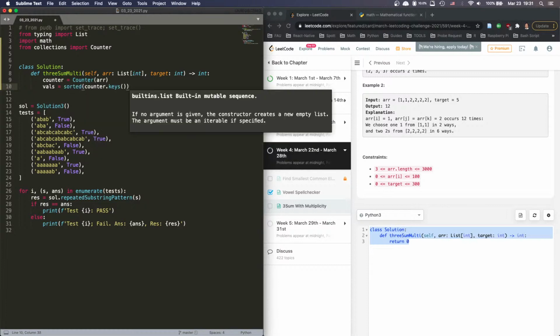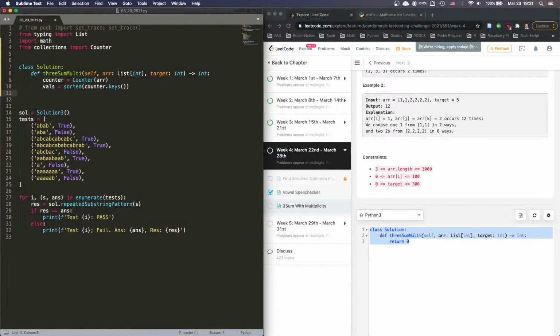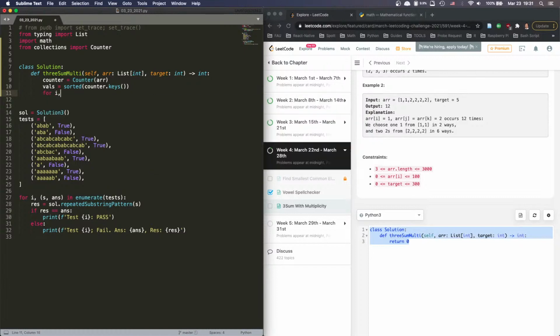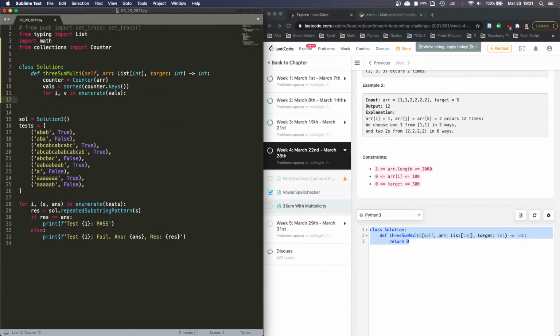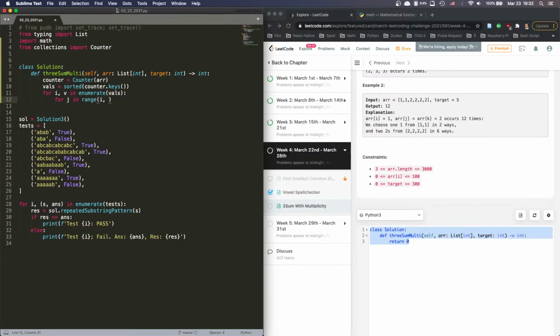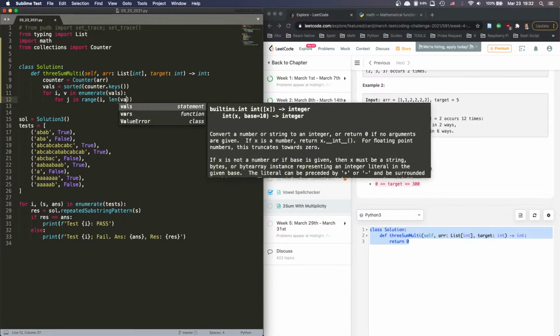All right, so this is the vowels, and then we're going to say for i in range. Actually, it's going to be for i, v in enumerate. That's the first level. Then we're going to say for j in range i to len vowels.